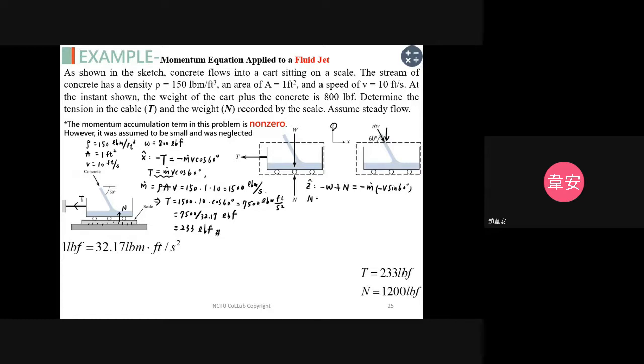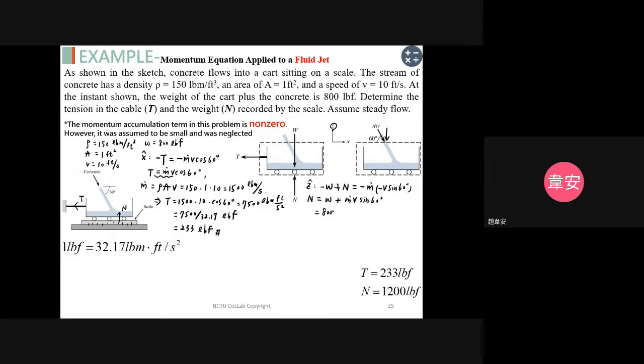The normal force is equal to W plus the m rate times V sine 60 degrees.